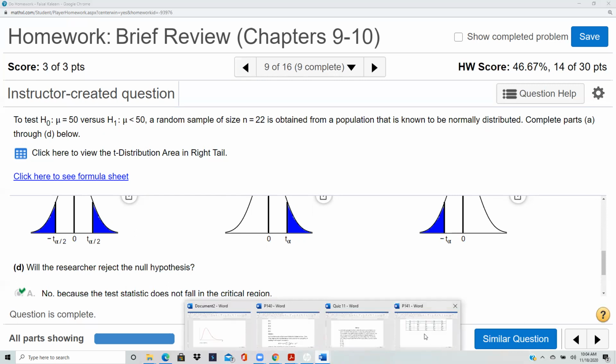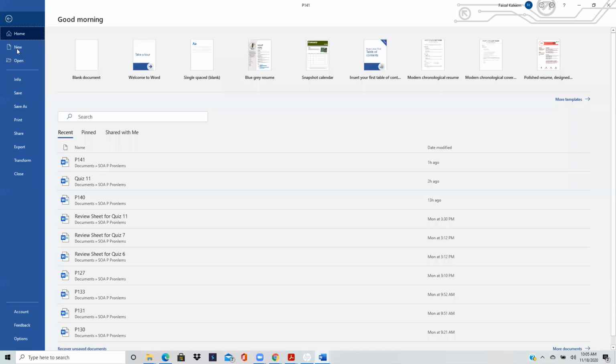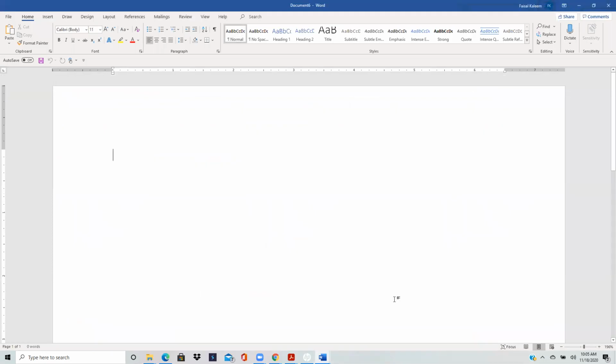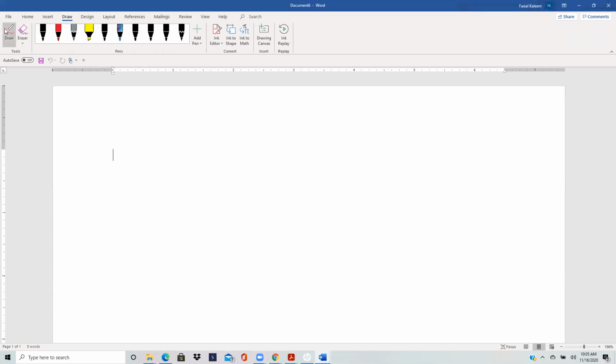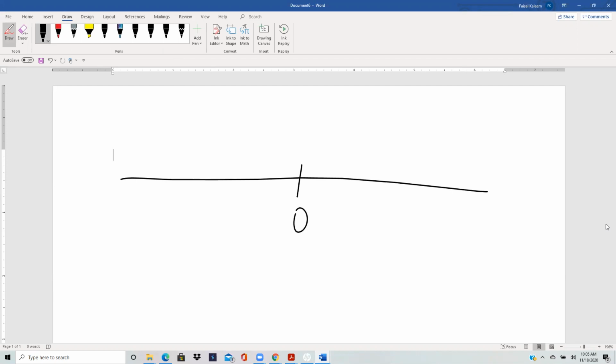Okay. So where's my stylus pen? Okay, draw. So you agree you have 0 in the middle? Yes. And then let's go by your critical values. It was negative 1.7, right? Yes. So let's say this is negative 2.